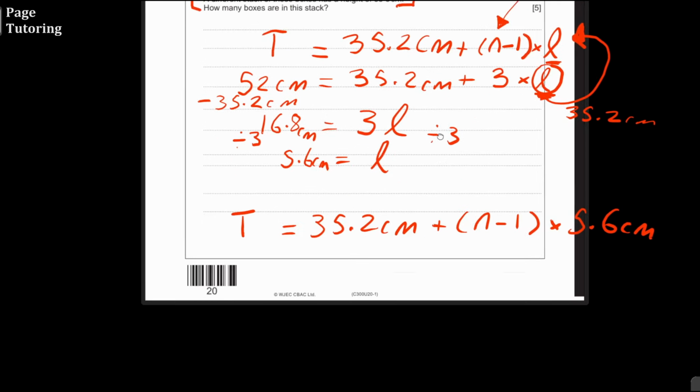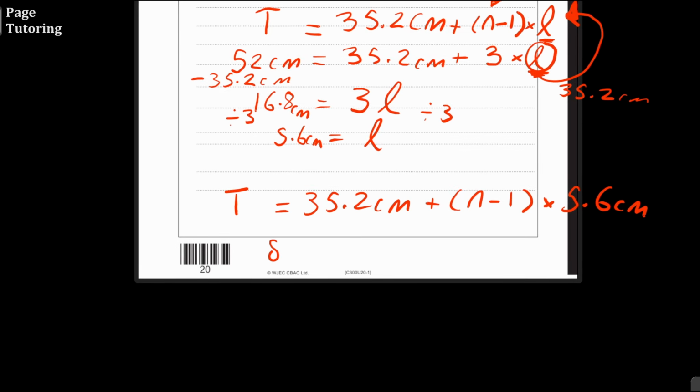So now we can just substitute in again, because we know what the final height is, 85.6. What we're trying to solve for now is the value of n, how many boxes there are in this case. So that would be equal to 35.2 centimeters plus n minus 1 times 5.6 centimeters.